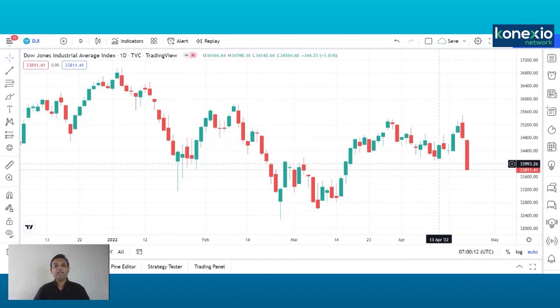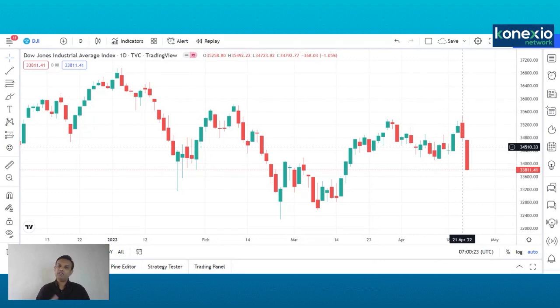So definitely any pullback should be used to go short at the higher levels, and any 1% correction from the shorting position, one should try to book profits, again wait for some pullback and then again go short. One should not wait for a long directional call or long directional trade. So this is the view of the markets.